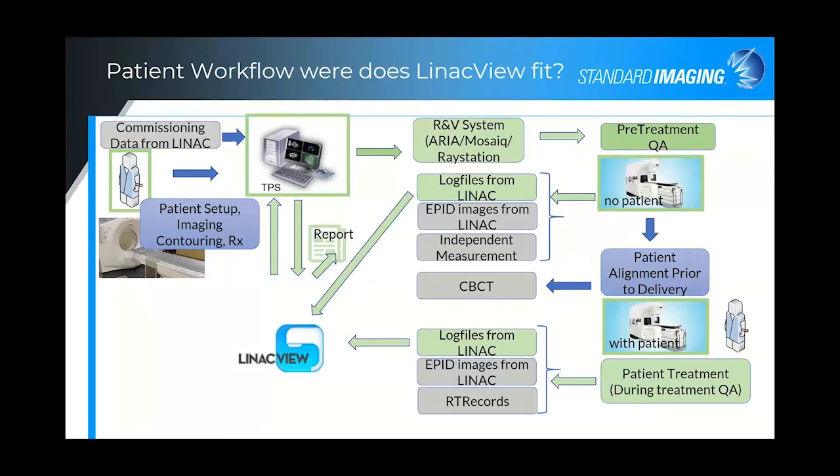So now you can see that the QA touchpoints designated by the light green encompass a much larger portion of the entire workflow. The loop can even be completed for cases in which you have a concern or an alert was found, and you can generate an RT plan based on the delivered fractions and import that back to your treatment planning system to get a comparison of the RT plan generated from the log file information and compare that to the original RT plan that one desired to deliver.